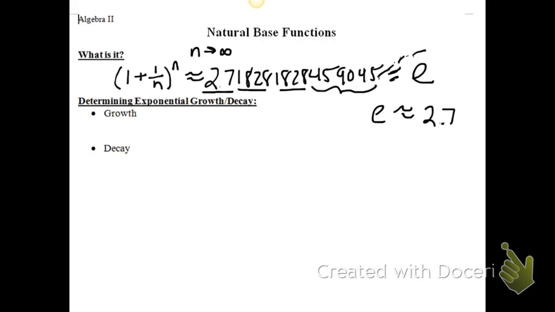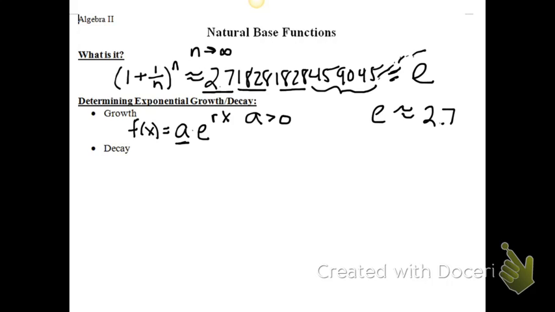Now, this natural base e can be used to create functions, and you should be able to tell just by looking at a function. Let's say I have f of x. If it's exponential growth, it's going to be a times e to the power rx. And for it to be growth, just like before, remember that a value has to be bigger than 0 first of all.